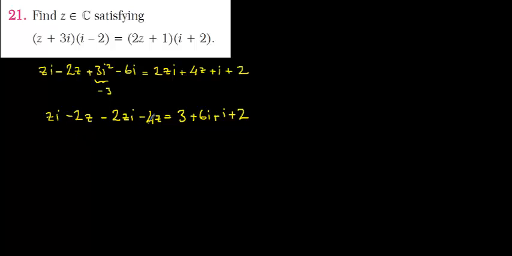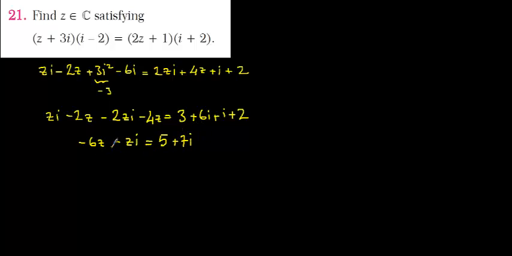Minus 2z minus 4z is equal to minus 6z, and zi minus 2zi is going to be minus zi, 2 minus 1 is equal to, and here on the other side, 5 plus 3 plus 2 is equal to 5, and 6i plus i is equal to 7i.